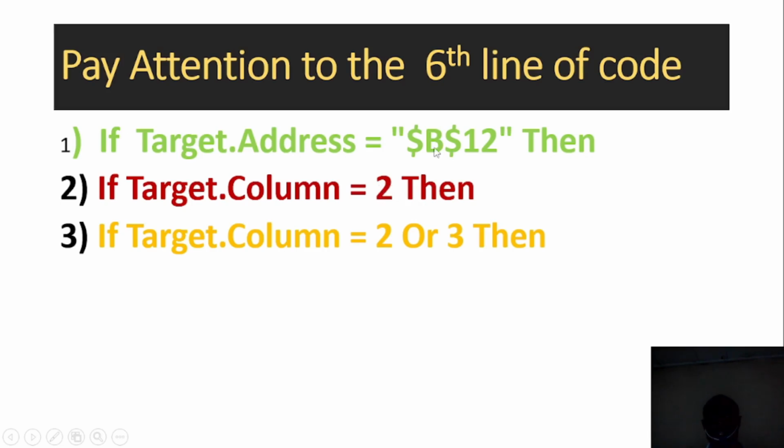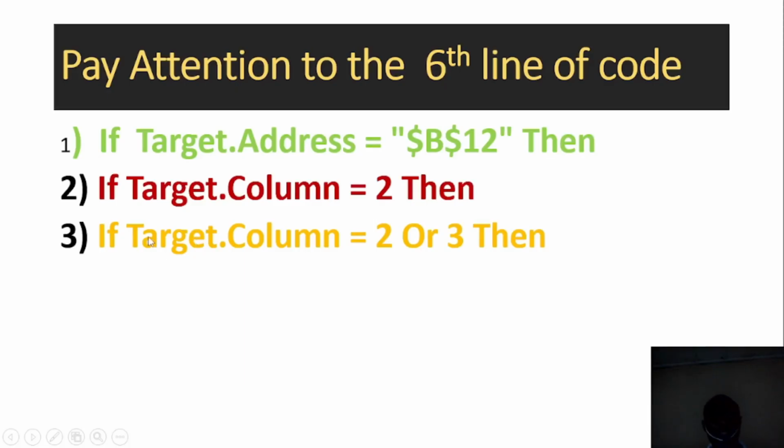These other cells can change to different cells, but this is a specific cell based on this video. You can also say if Target.Column equals 2 or 3 or 4 or 5, applying it to different or many columns.